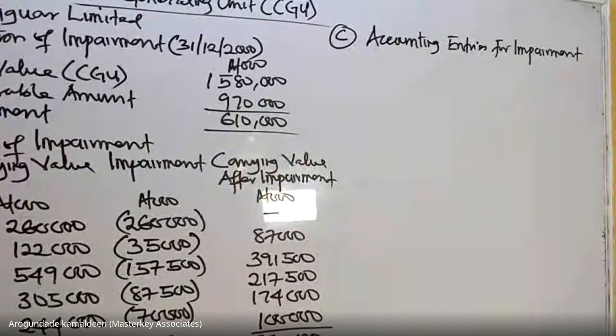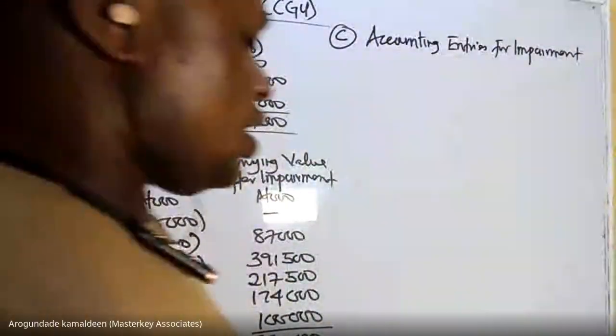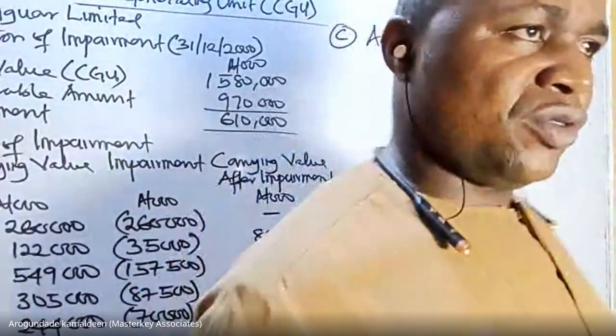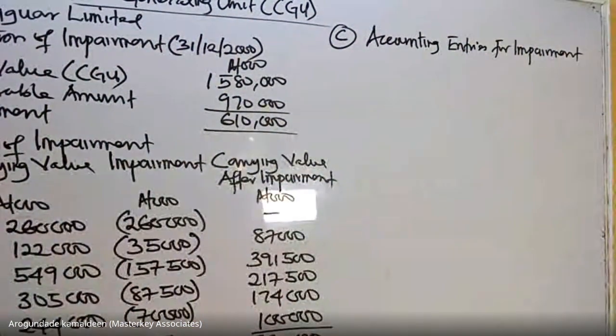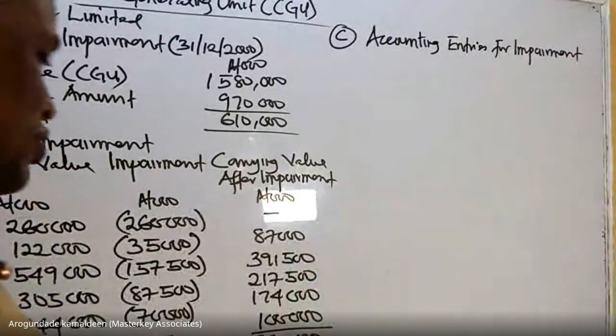Hello, sir. Sorry, on the goodwill, I'm seeing in the impairment you are repeating 260 again. Yes, you are going to write off the whole of the goodwill. So the goodwill will suffer the impairment cost.